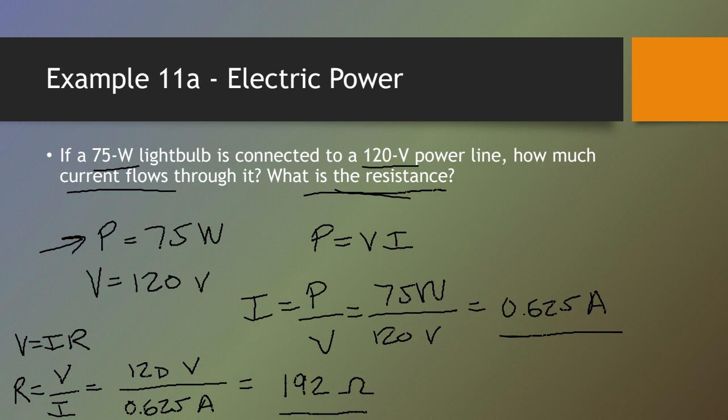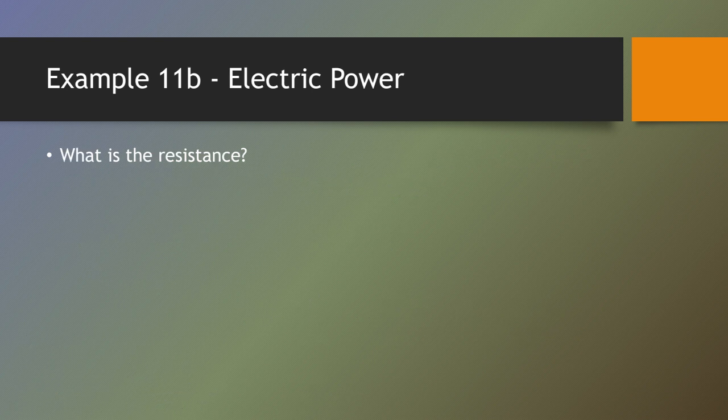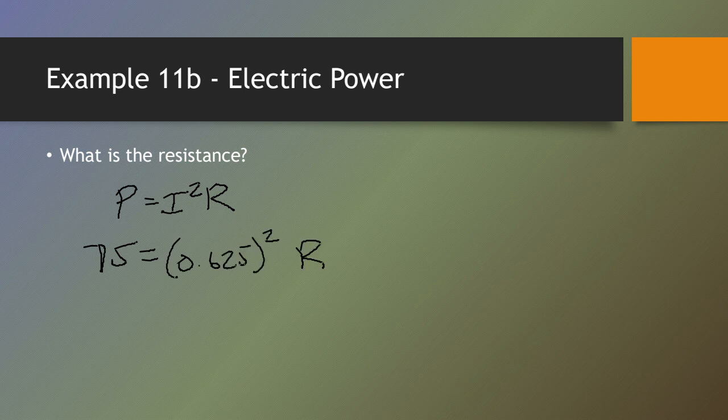If we wanted to find the resistance without using the voltage, but instead using that second equation, we know that the power was 75 watts, the current 0.625 squared times R. And 0.625 squared would be 0.390625.